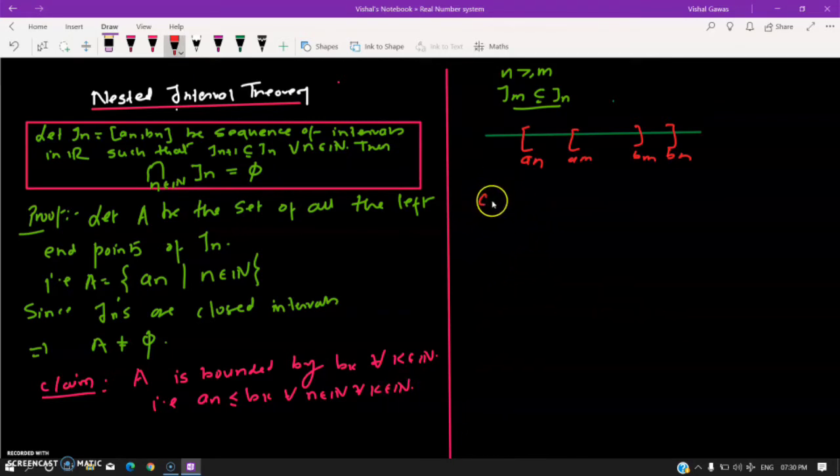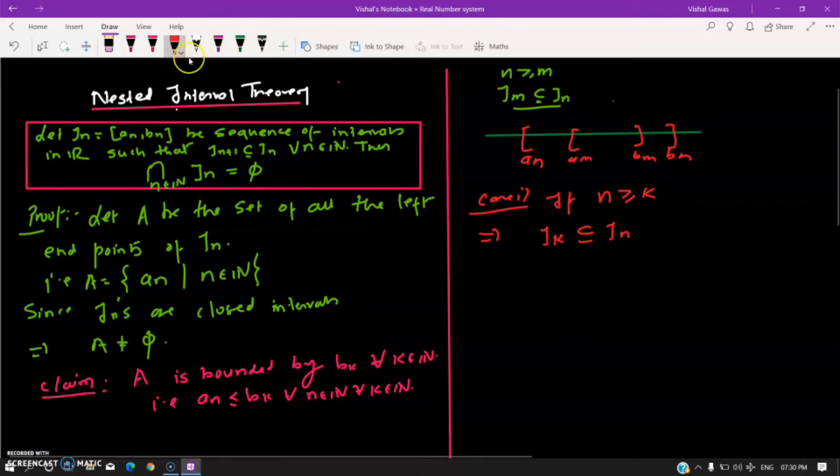So let's take case one. Case one is if n is bigger than or equal to k. What if n is bigger than or equal to k? This would imply that Jk would be contained inside Jn. Sorry, it's the opposite way.